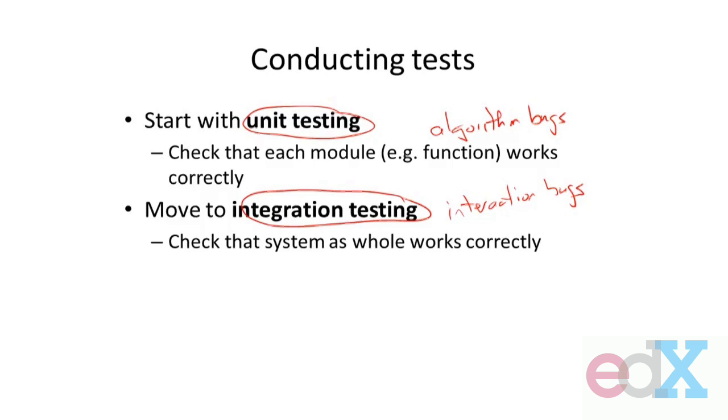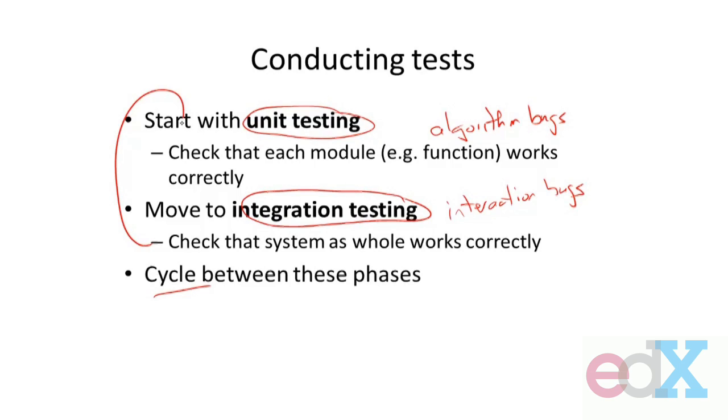And once I've done that, I want to cycle. I want to go back around and, having done integration testing and fixing things, go back and check the modules as unit testing, and then check integration testing, and cycle until I'm convinced that I've caught all the bugs that I'm likely to find. So we're going to think about how we deal with doing unit testing and integration testing.